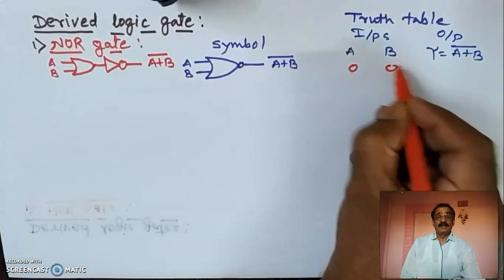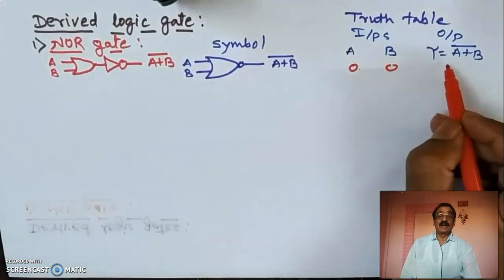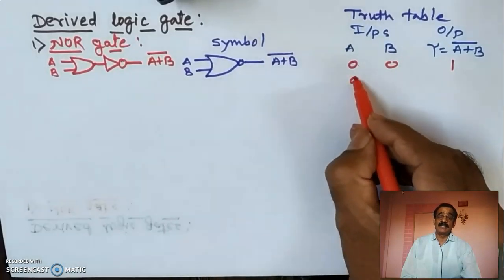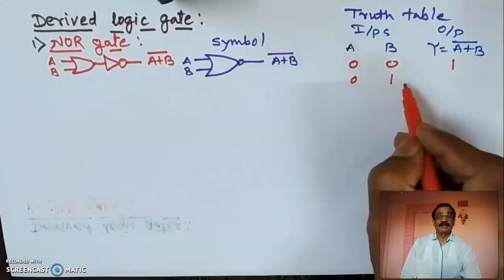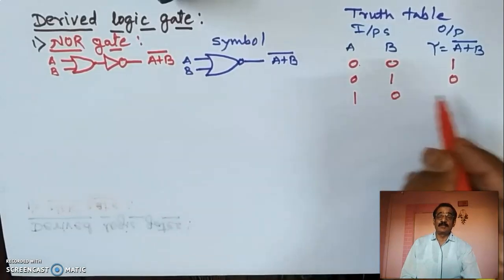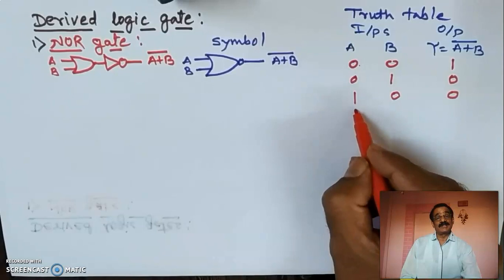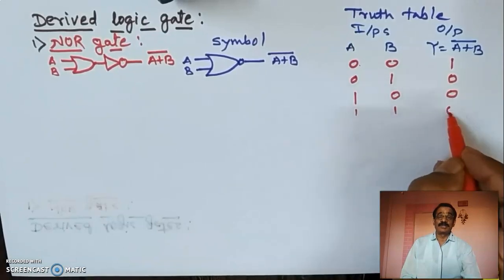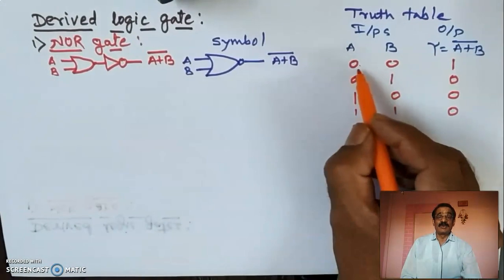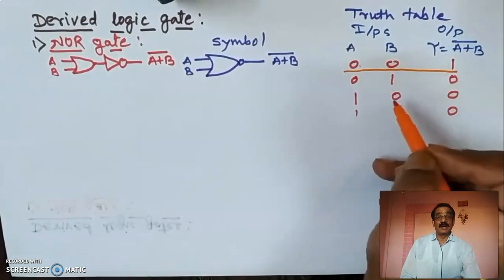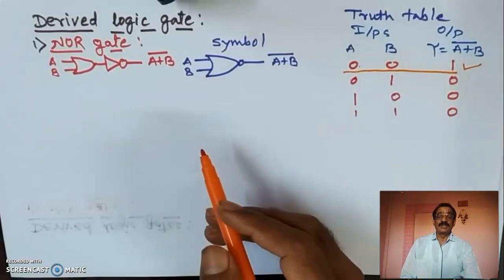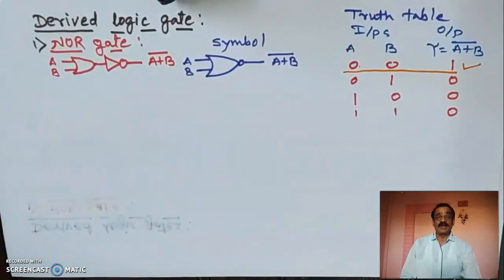Then 0 plus 0 is 0 and its complement is 1. So output is 1. Second case A0, B1, then its output is 0. Third case A1, B0, then its output is again 0. And last case when both inputs are 1, then output is 0. See case number 1: when both inputs are 0, then output is 1. So according to the definition, when both inputs are 0, then output is 1.